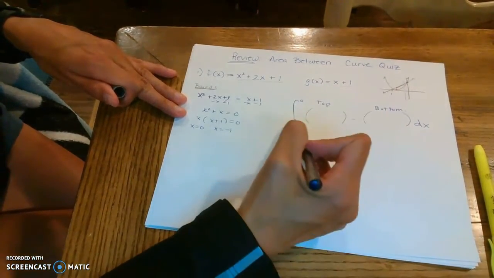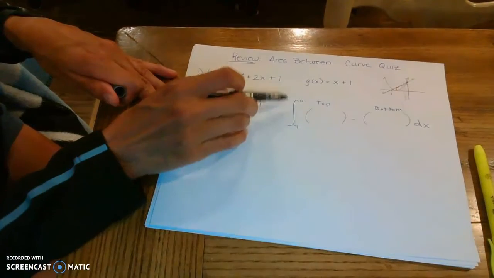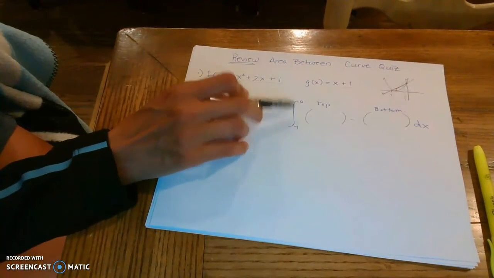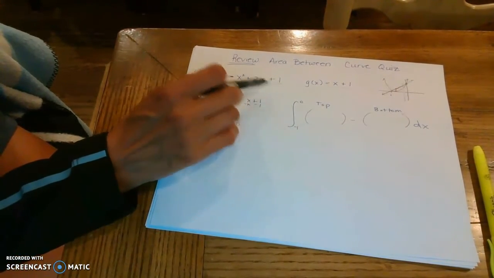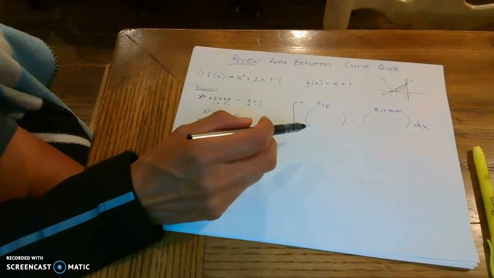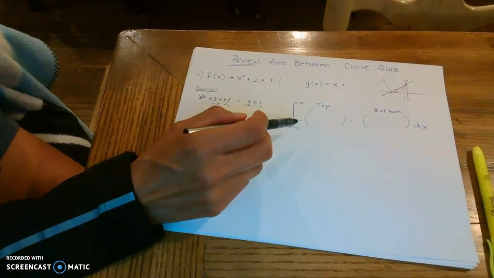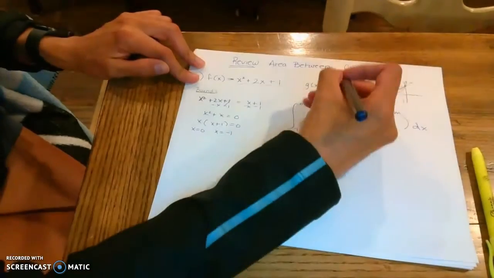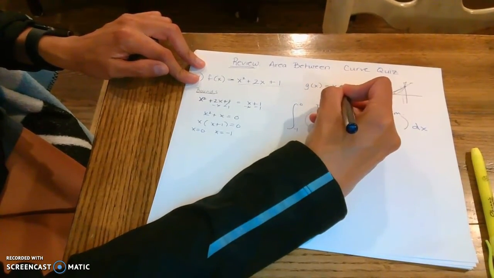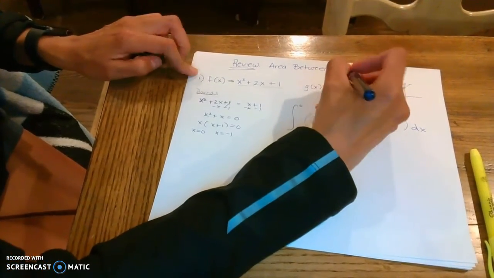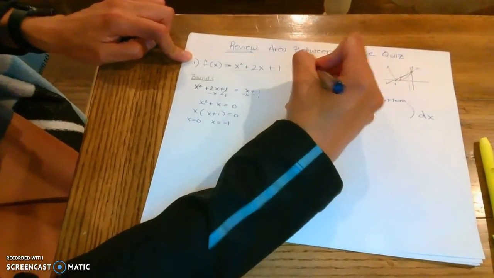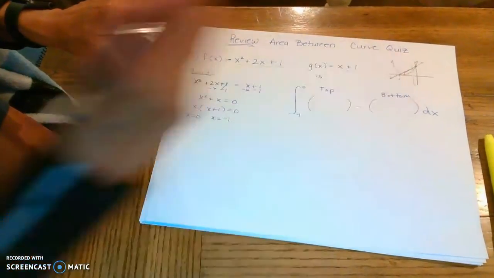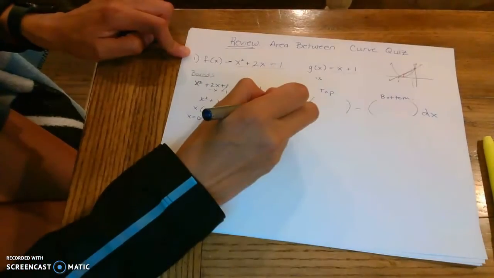So the trick that we picked, we said that you could pick any number in between the bounds, and plug it into each function and see which one gives you the greater value. The greater value will be the top function. So if I pick -1/2 and I put -1/2 plus 1, that's going to be +1/2. So g of x would give me +1/2.